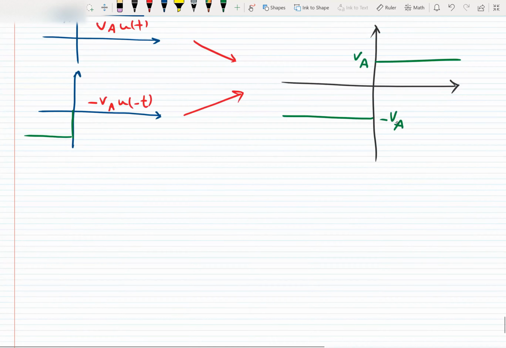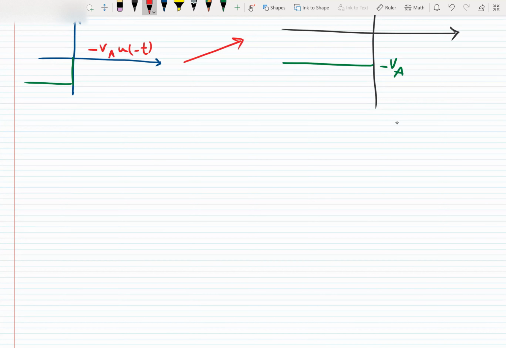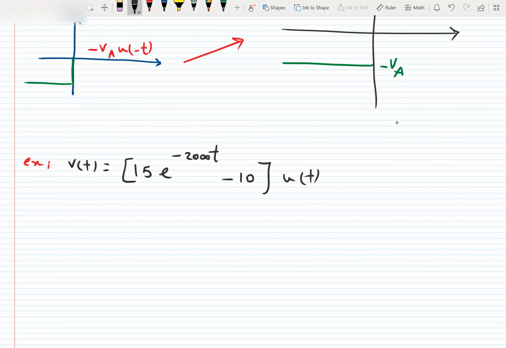Let's see another example. v of t is equal to 15 e to the power of minus 2000 t minus 10 times u of t.